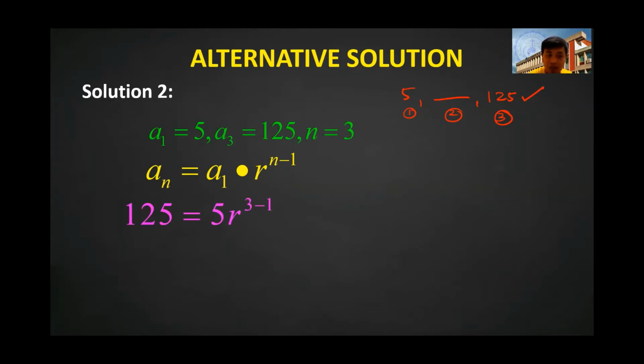So 125 is equal to 5 times r raised to n, which is 3 minus 1, since we don't have the common ratio yet. After that, we divide both sides by 5, so 125 divided by 5 becomes 25.